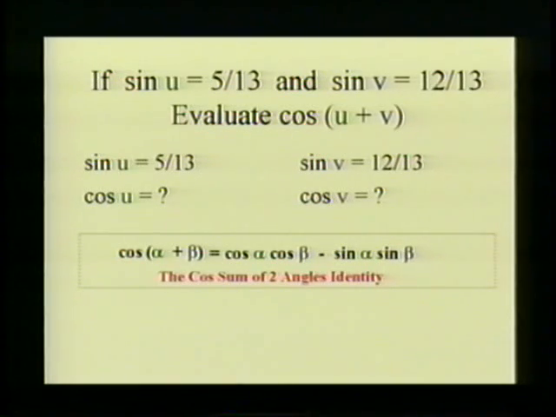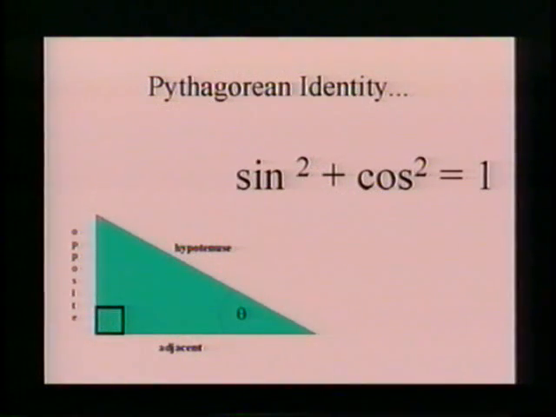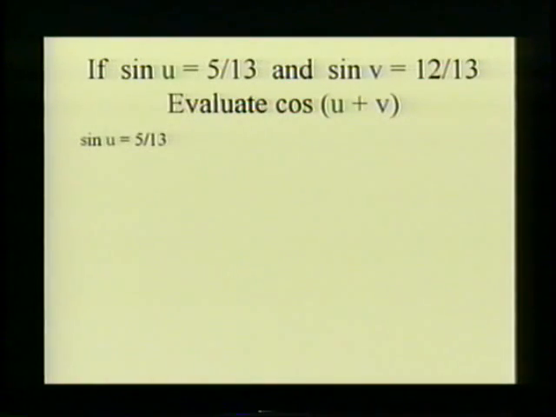Well, here's the deal. Here's a trick. Remember the Pythagorean identity: sine squared plus cosine squared equals 1. Okay? Well, if we know the sine of an angle, we can figure out the cosine. You know how? We know by the Pythagorean theorem the sine squared plus what we want to know, the cosine squared, is 1. Okay?